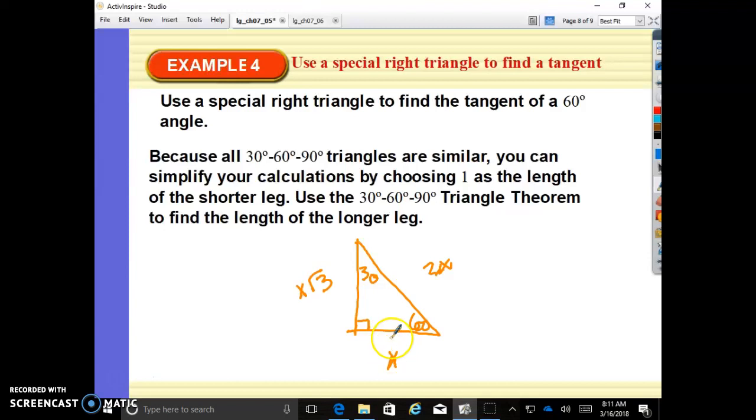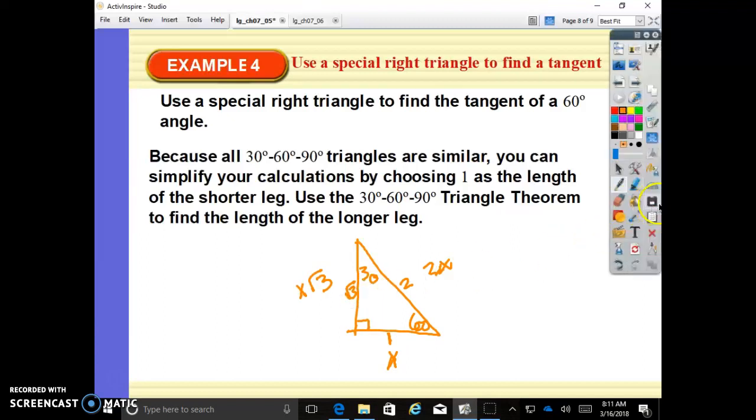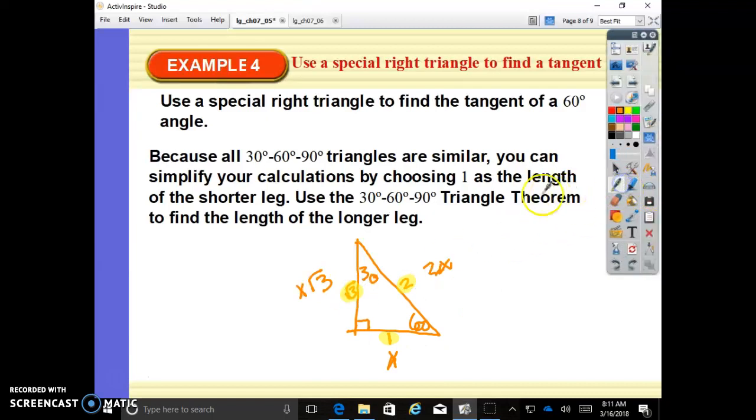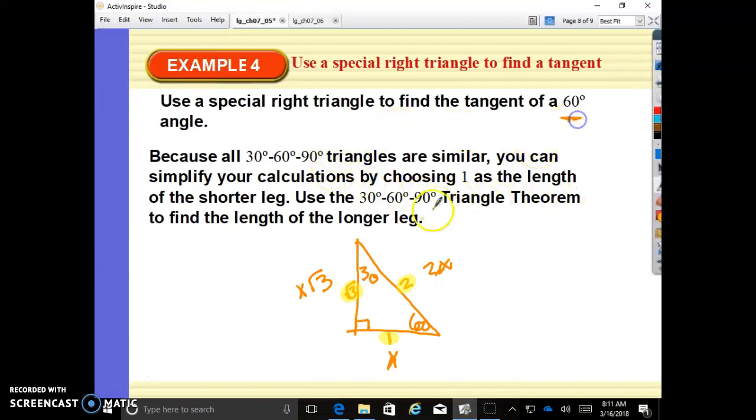So if we used 1 for x, we would have 1, 2, and rad 3, correct? If we just chose to use 1, these would be what we would have. So what is our tangent of 60? So opposite over adjacent. Rad 3 over 1, which is rad 3.